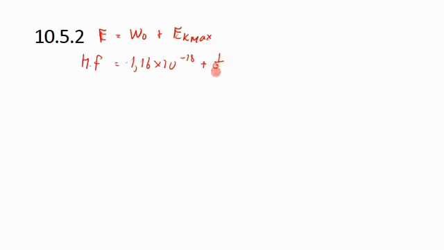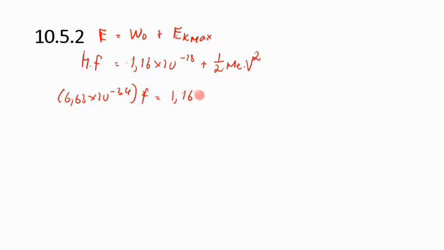EK is half the mass of the electron times v squared, right? We are given here that the velocity is 5.60 times 10 to the exponent of 5. So we're just going to substitute. Let's first substitute our Planck's constant, which is 6.63 times 10 to the exponent of negative 34. And then we have the frequency here.